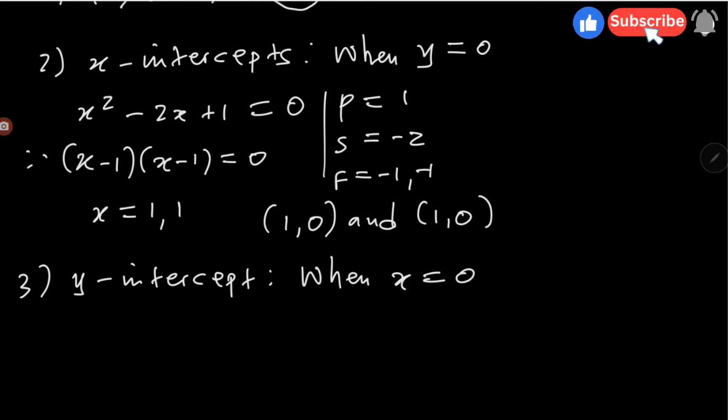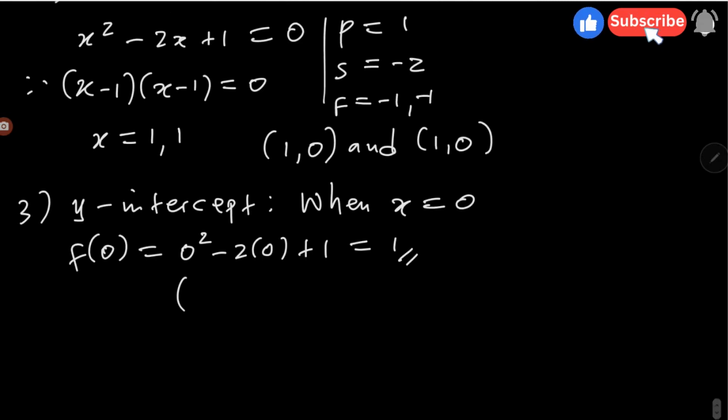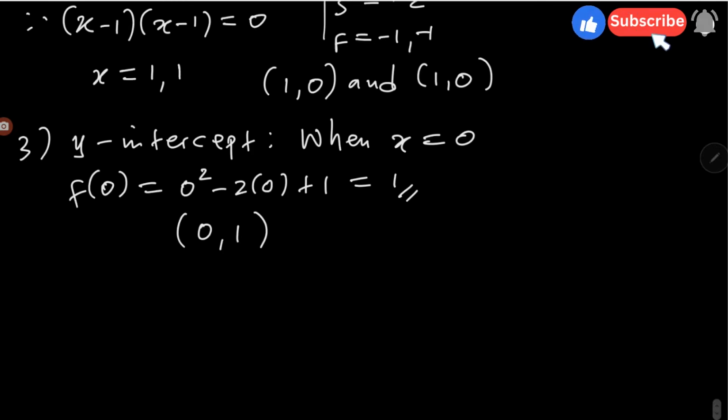So when x is 0, f at 0 is going to be 0 squared minus 2 times 0 plus 1, which will simply give us 1. So our y-intercept is the point 0, 1.